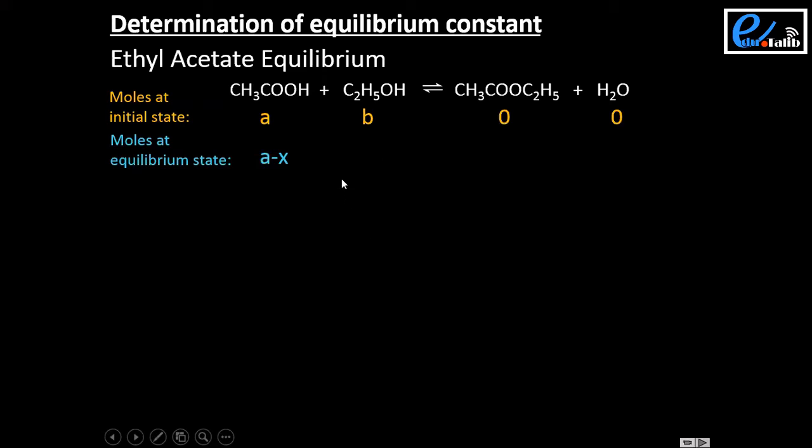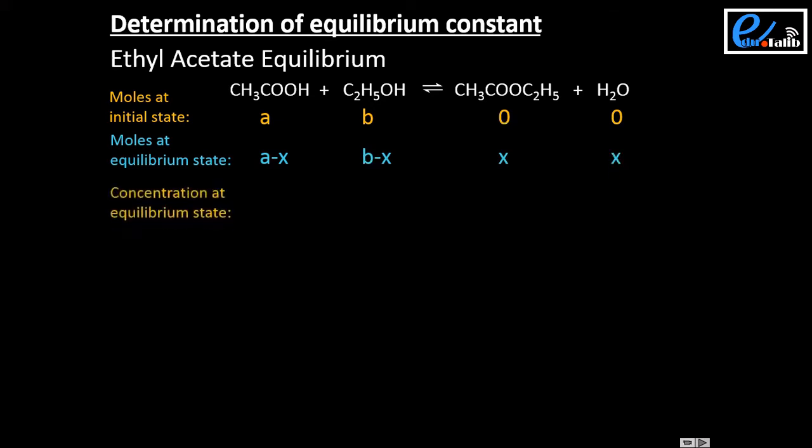So overall, the moles at equilibrium of ethyl alcohol should be B minus X. According to the stoichiometric ratio, the same applies to the products, 1 mole and 1 mole, so the moles formed at equilibrium for both products are X and X.